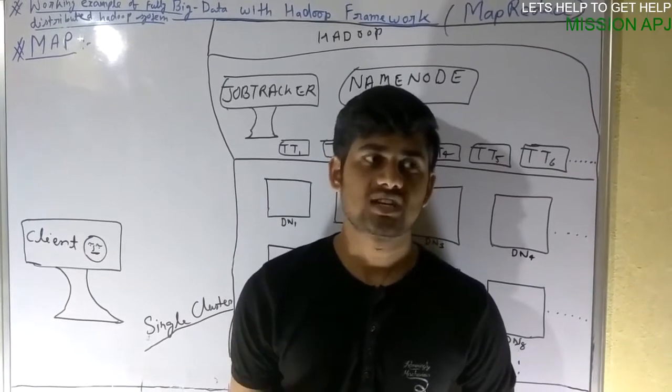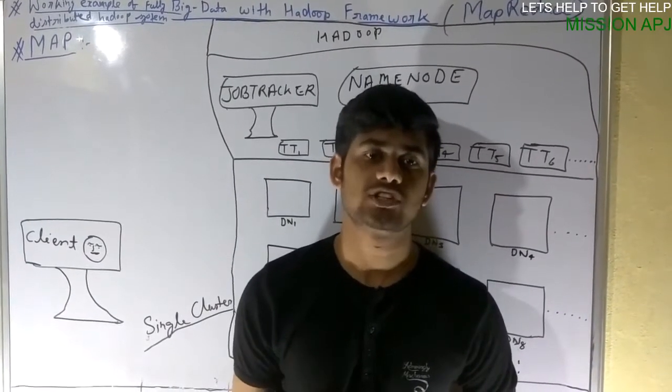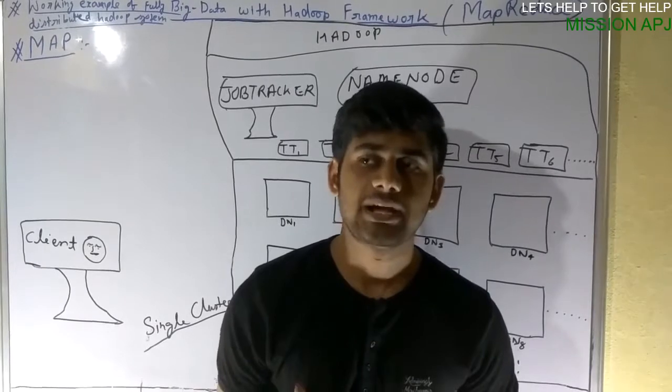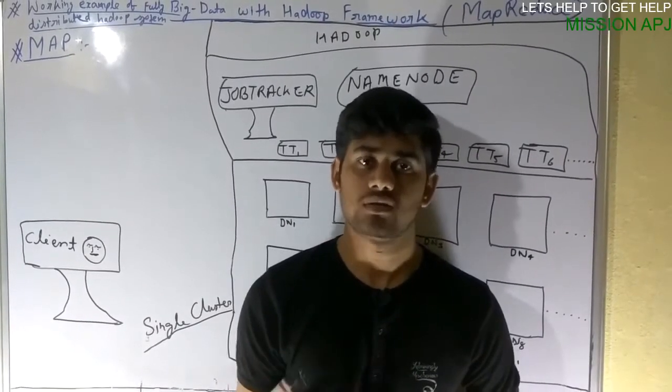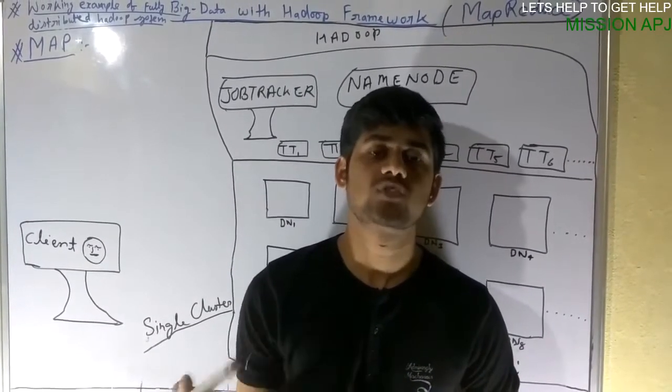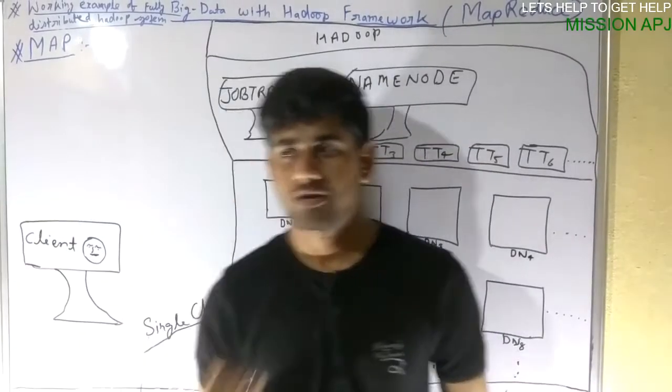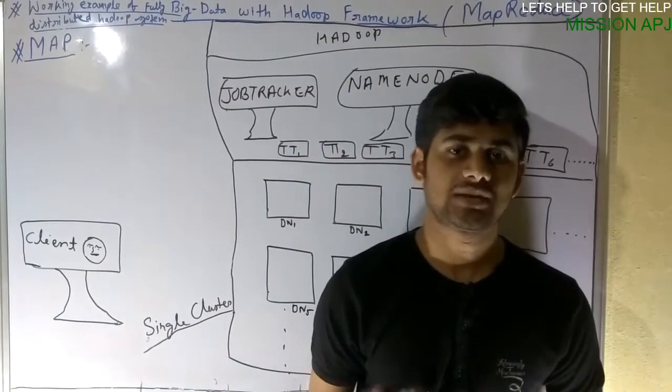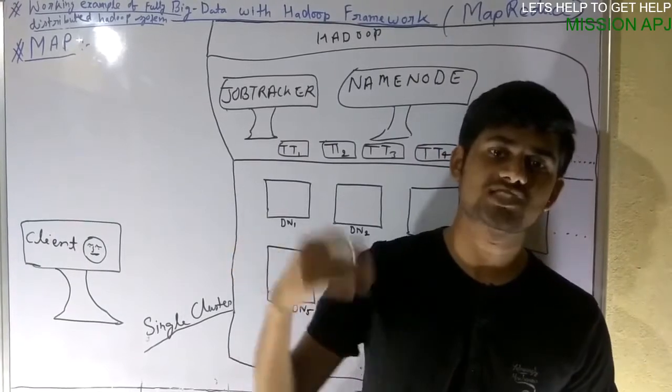Now map involves an algorithm depending on which the process is done. But one thing I want to make clear here is that this map is not the map as in memory mapping.